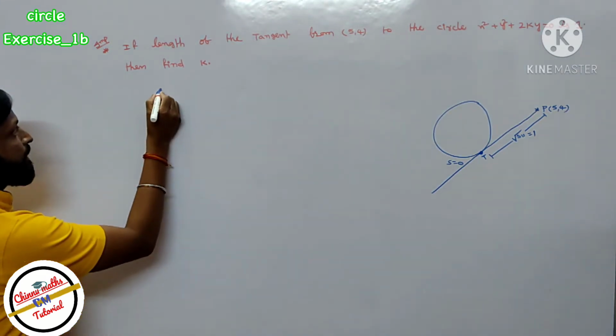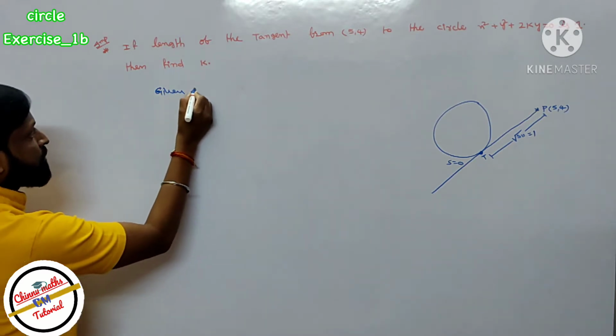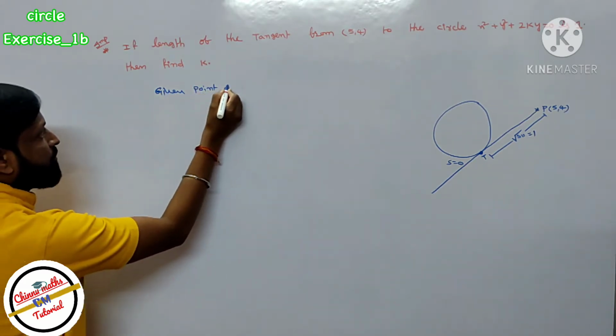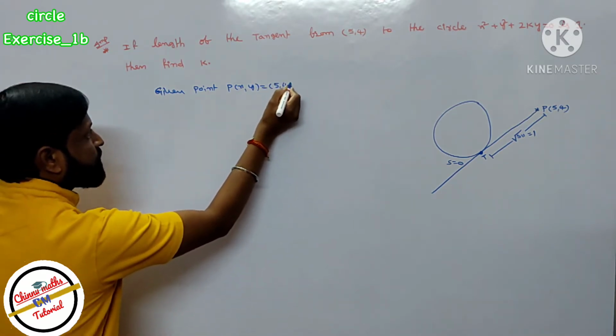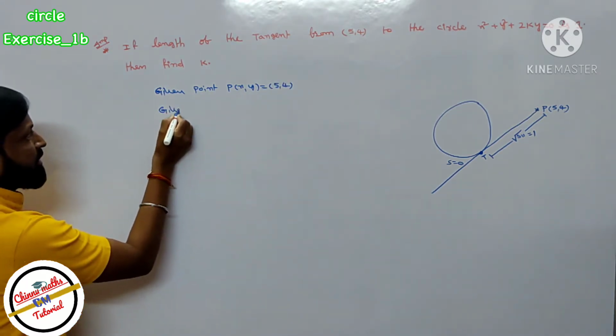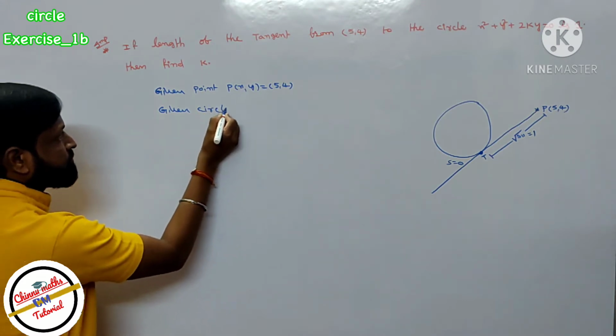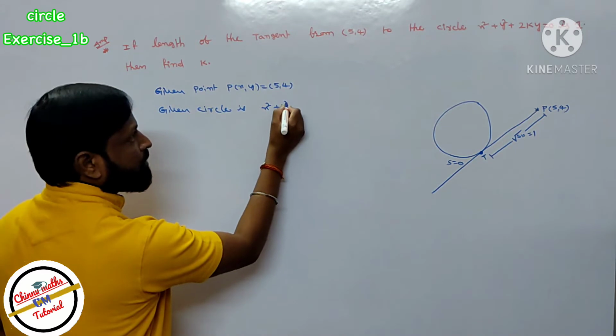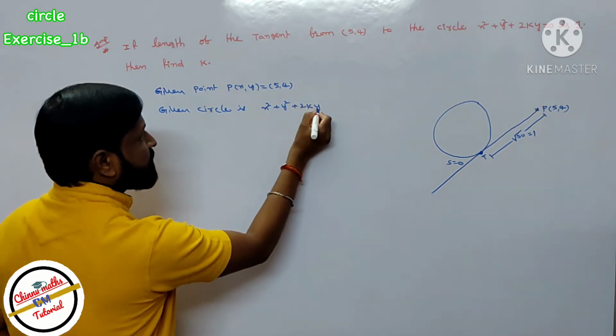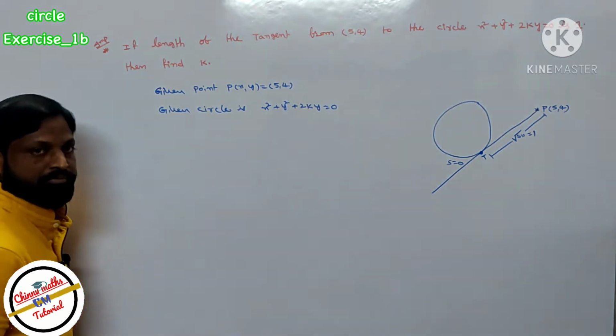It is the condition. By taking this condition, you have to find the k value. So given point P x comma y equal to 5, 4. Given circle is x square plus y square plus 2ky equal to 0.